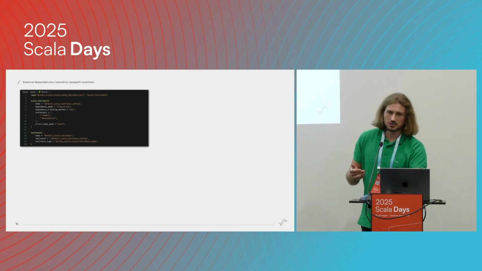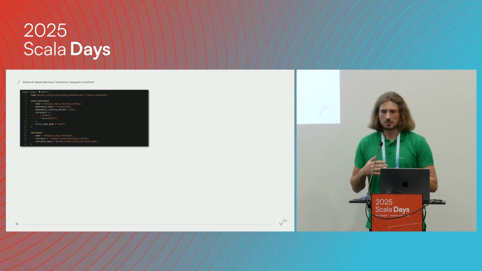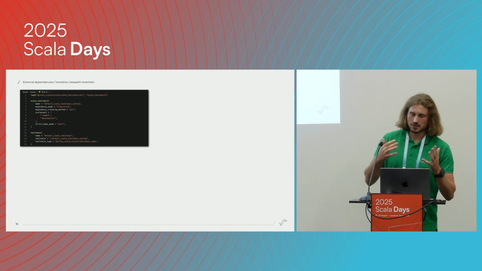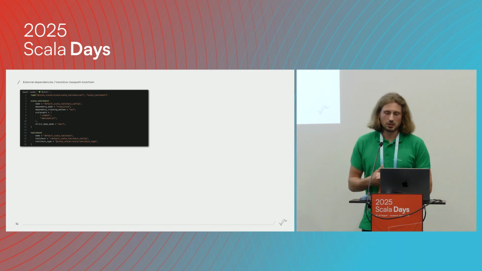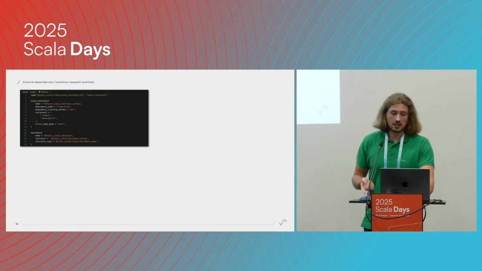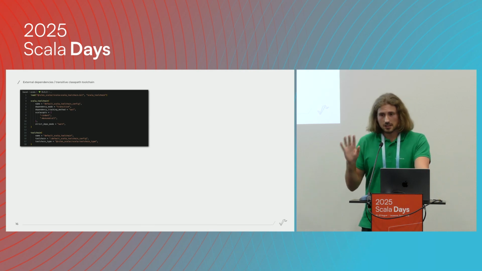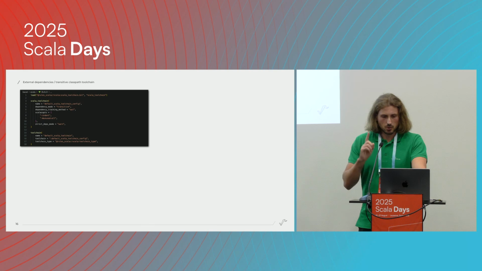For that, we first need to set up our custom Scala toolchain. A toolchain is a configuration telling Bazel how to interact with your compiler. In our case, we can set the dependency mode to transitive. We would also set up some default scalac options that we might want, for example, to warn about unused variables. And we would also set the strict dependencies mode, which might be useful in just a minute.